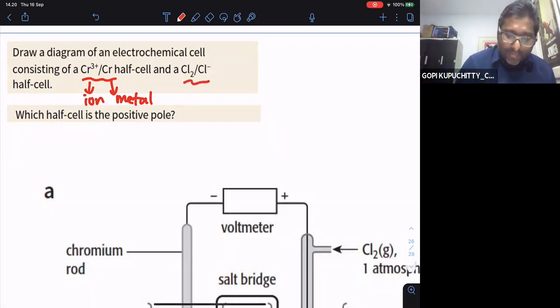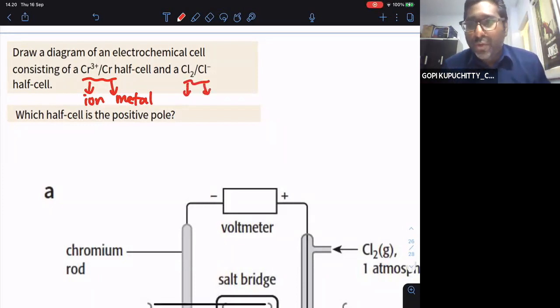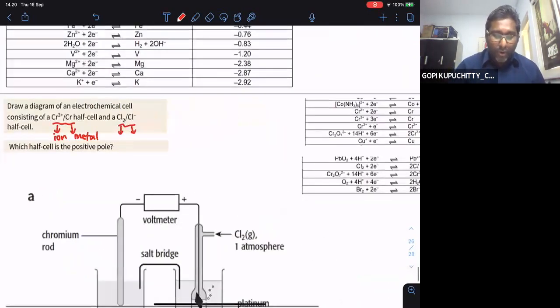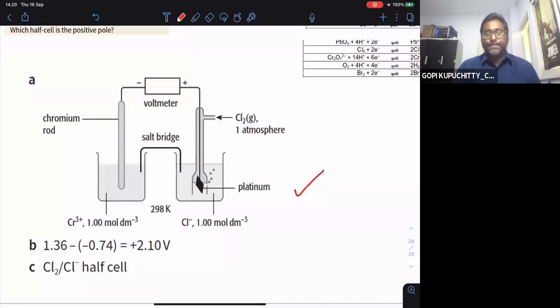Here you see this is gas, non-metal, then there is a solution. So what you do, make sure there is a gas tube, give the Cl2, and then there is a platinum wire, and then the platinum comes into contact with Cl2 and then the Cl minus. So you should be able to draw like this, like what I mentioned to you just now.